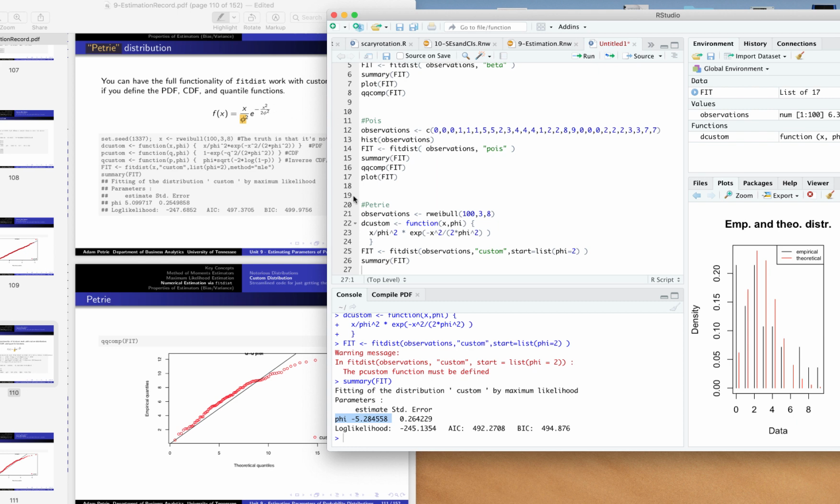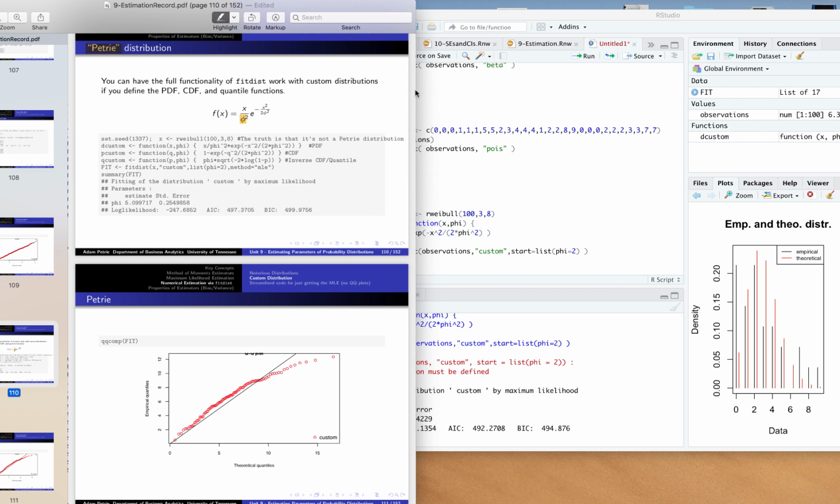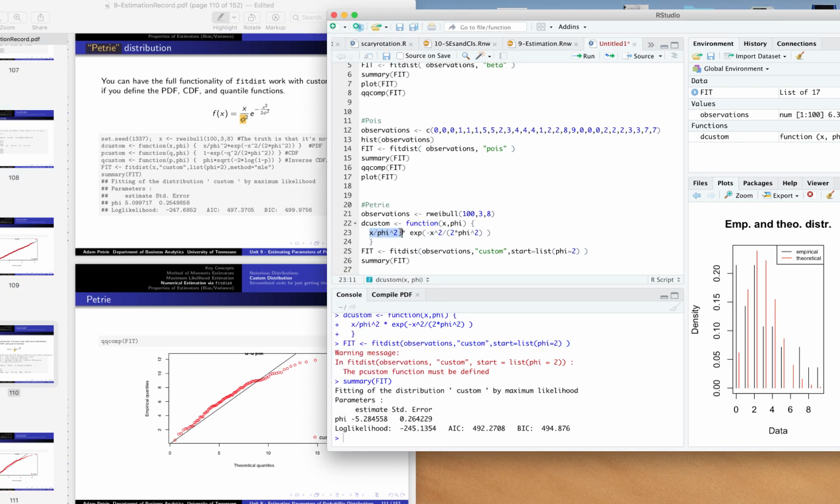Let's revisit this. x over phi squared looks good, times e to the minus x squared divided by the quantity 2 times phi squared. Okay, it doesn't look like I've made any error, so let's try it out with a different starting value.